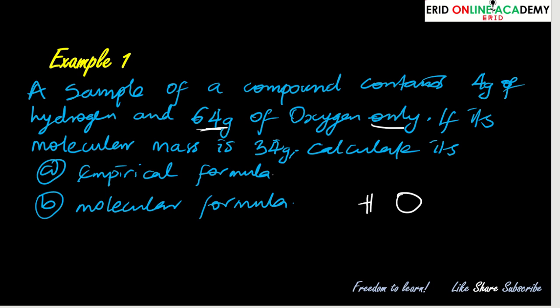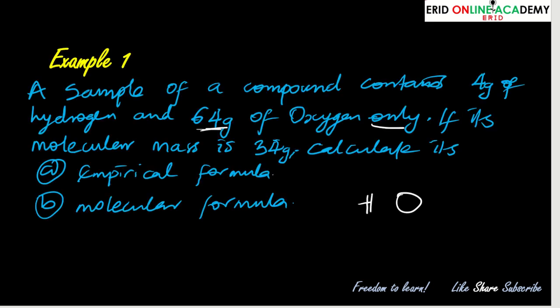So how do we go about calculating empirical formula? To calculate empirical formula for this question, the first thing you have to do for any given question is to determine the constituent atoms. In this case, we have hydrogen and oxygen.